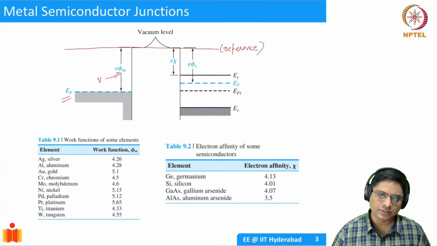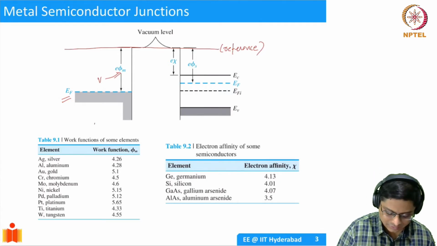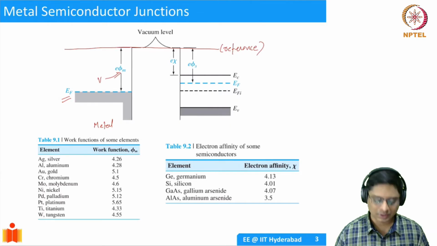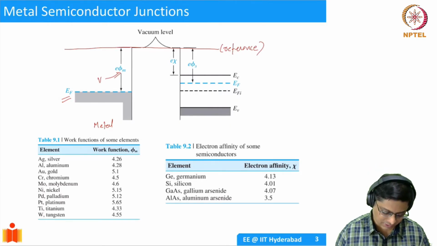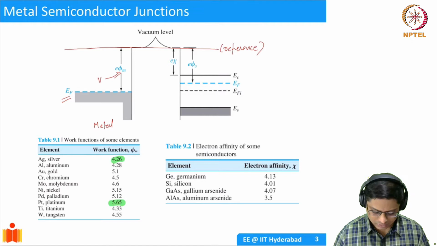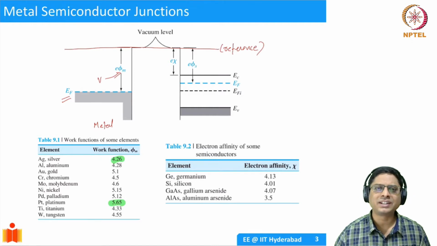Various metals have different work functions; they're not uniform. For example, in the table, 4.26 is the smallest I'm seeing here, and the largest is 5.65 for platinum. You could also have a few other elements like magnesium which have even smaller work functions.